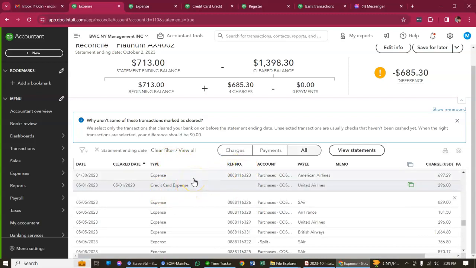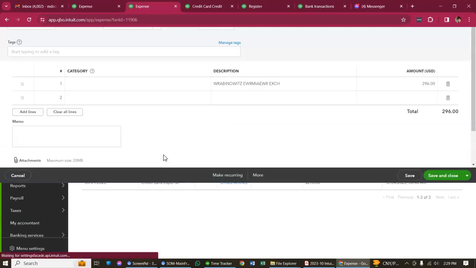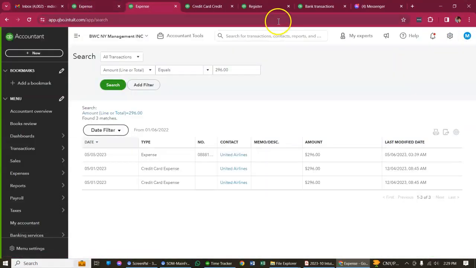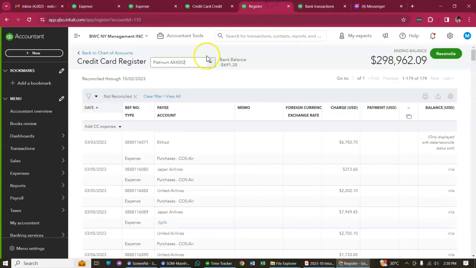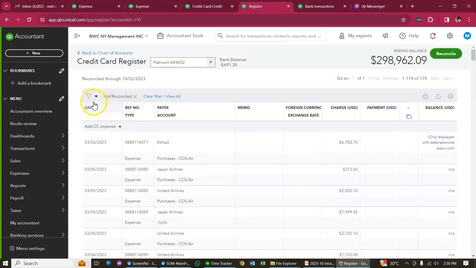Okay, so this is supposedly good, but why do we have another expense in here, which is cleared in the bank? Okay, so let's try to get back to 4002 and find that 296.